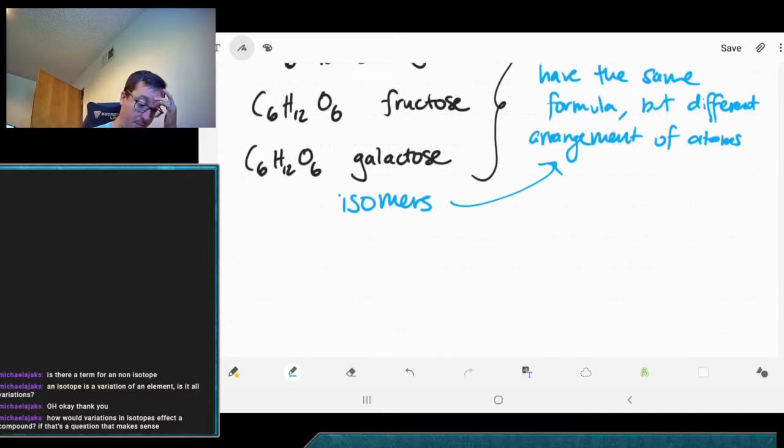So, for example, let's see how best to explain this. Let's say in a chemical reaction you're using water to react with something, and that something has an oxygen in it.